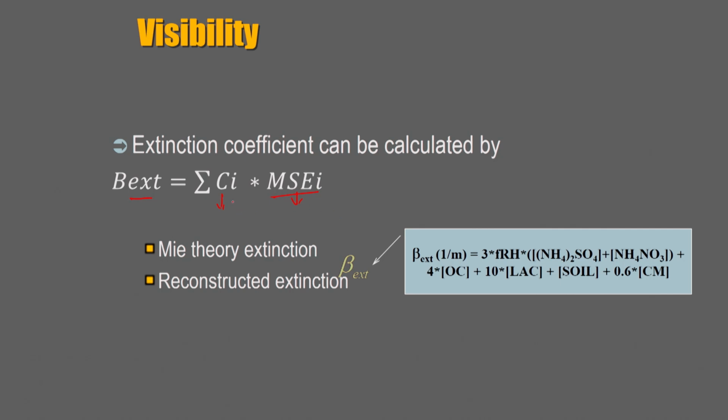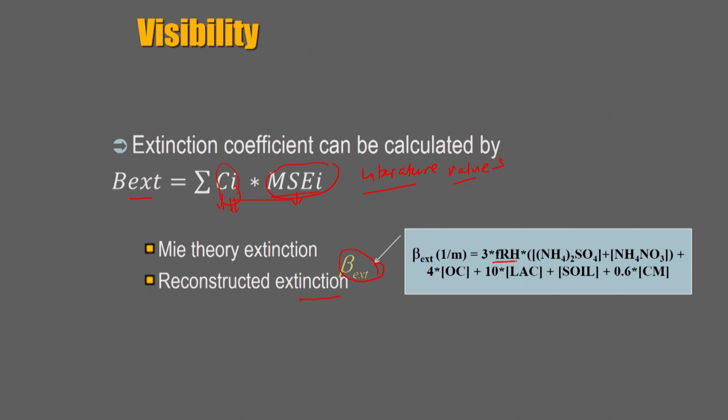Using these equations, if you know the mass of the particles, for example, if you have measurements of aerosol chemical composition, you can use these values that are published in the literature, and then you can calculate b extinction here. This is usually called reconstructed extinction.